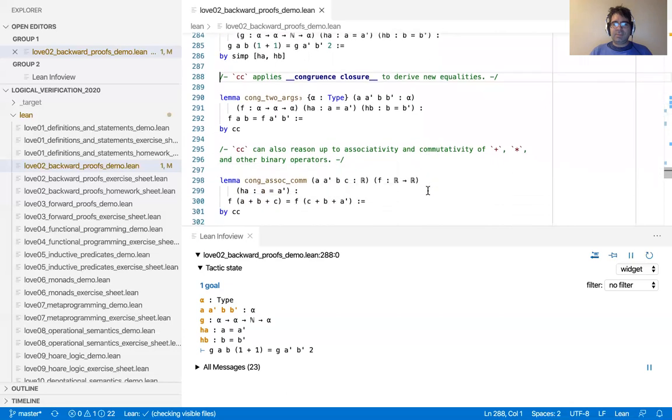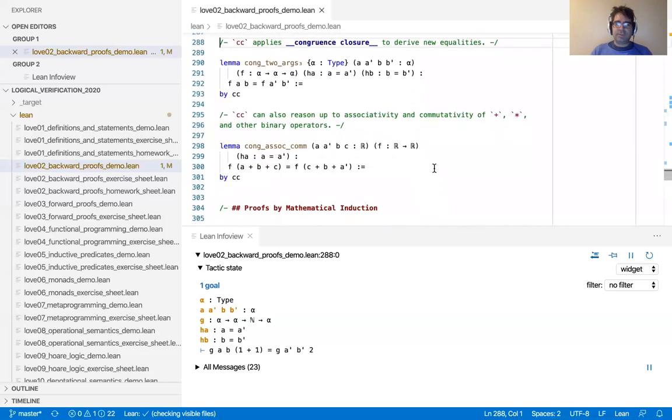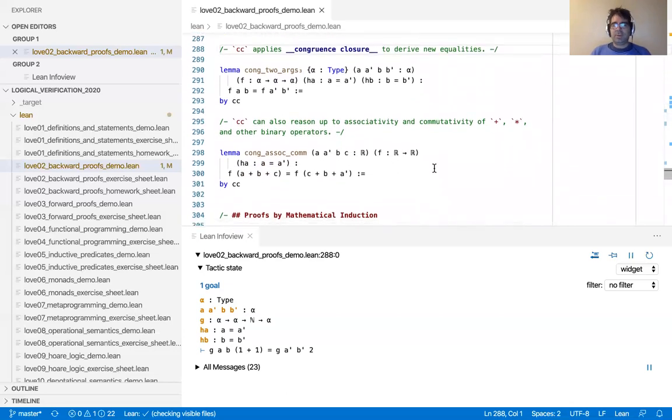Then there's another tactic that works very differently, but it's also about equalities, and it's called cc, for congruence closure. Congruence is the idea that if a = b, then f a = f b. So your equalities still hold when you add some context.